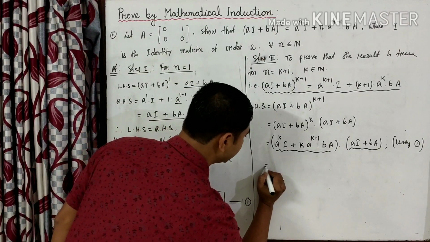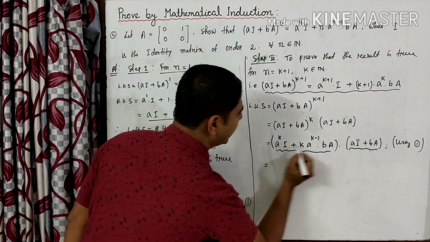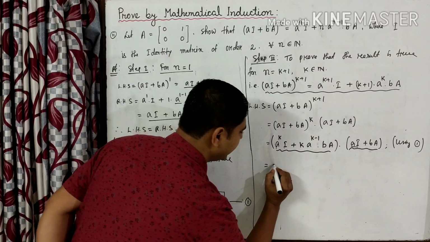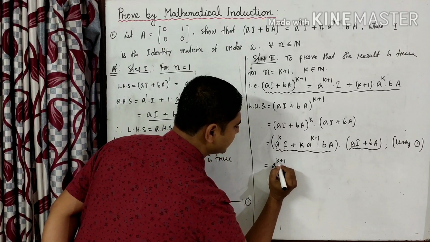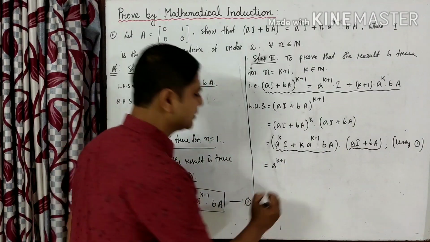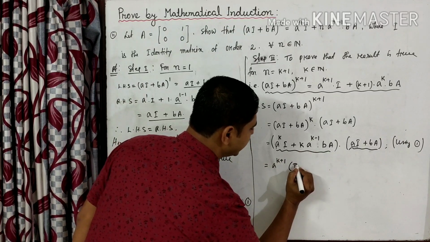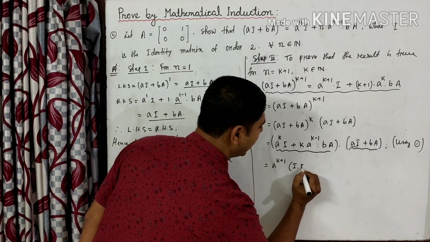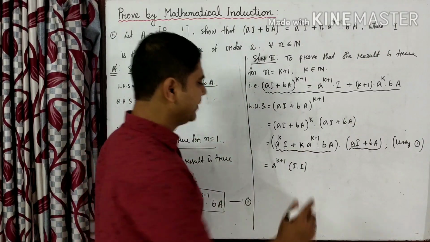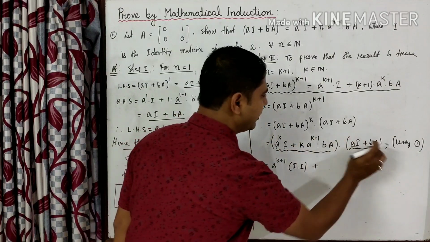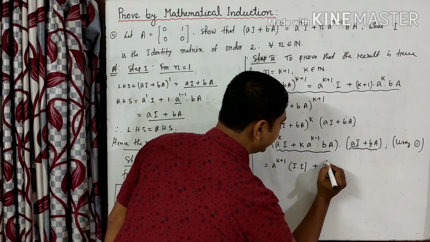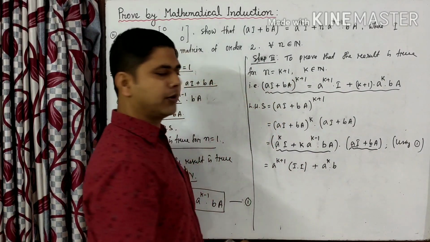First one, A^k into I multiplied with this one. Here A^k is scalar, and the other is also scalar. Finally you have A^(k+1). A^k into A, definitely A to the power k plus 1. Within the bracket, this matrix is I and this one is also I, so I into I. Next, the second one: A^k is our scalar quantity, times B. Therefore A^k into B is the scalar quantity.